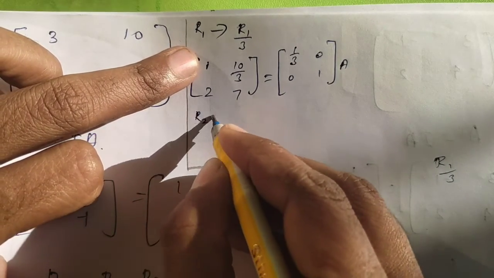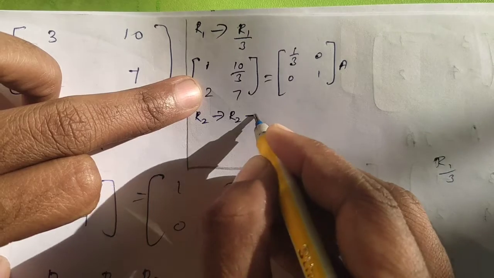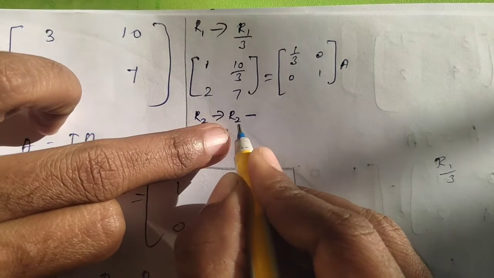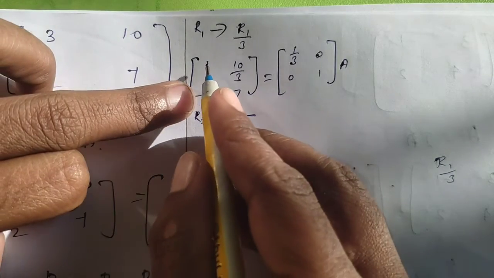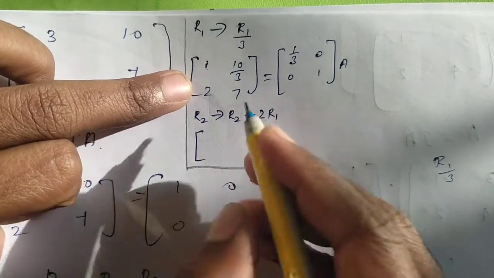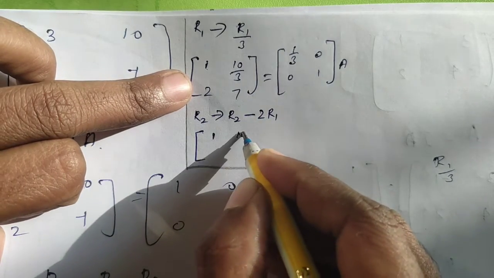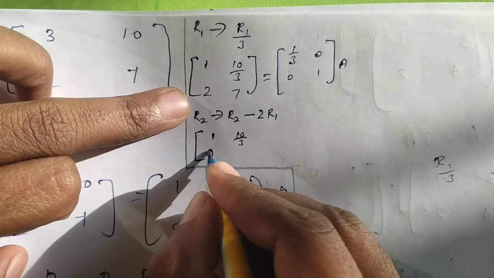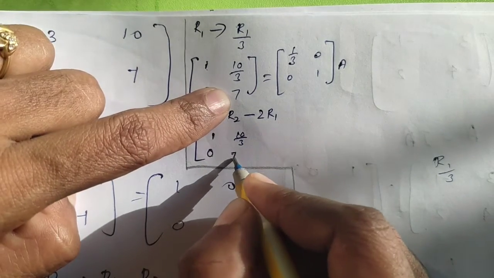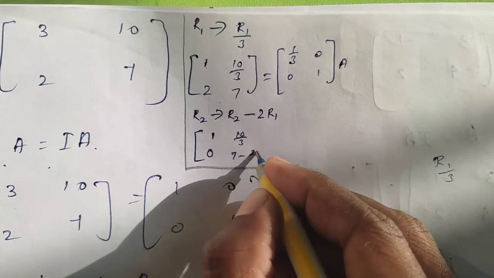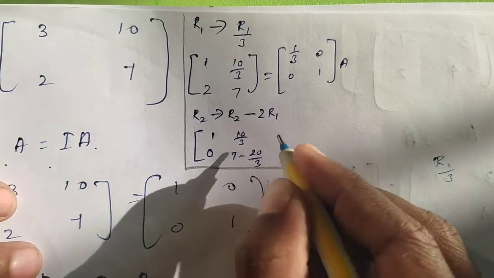So R2 tends to R2 minus 2 into R1. Our first row will be the same. The second row: 2 minus 2 is 0, 7 minus 2 into 10 by 3, that is 1 by 3.